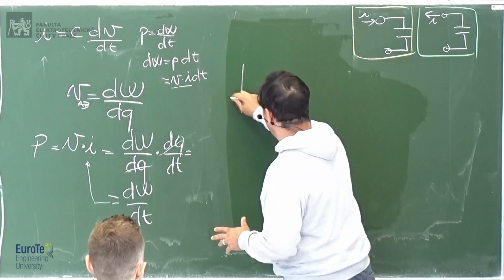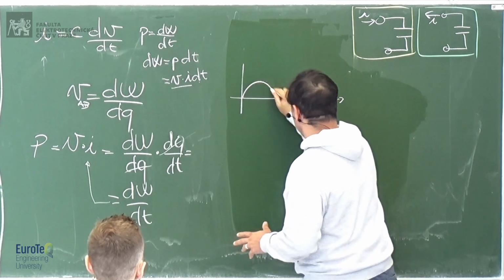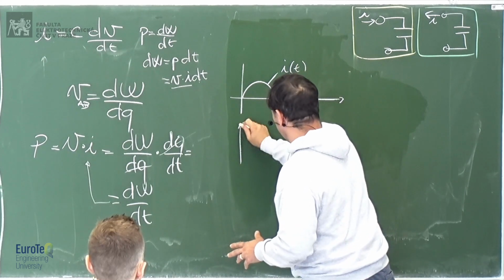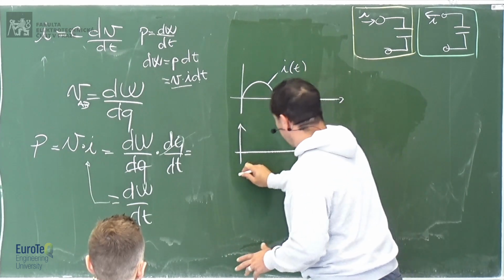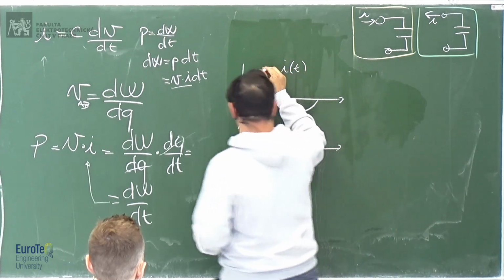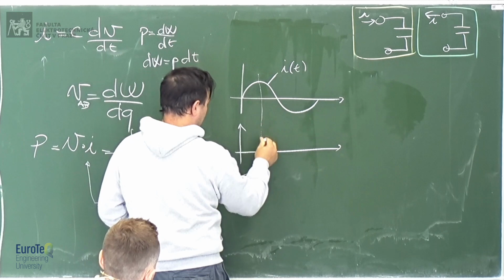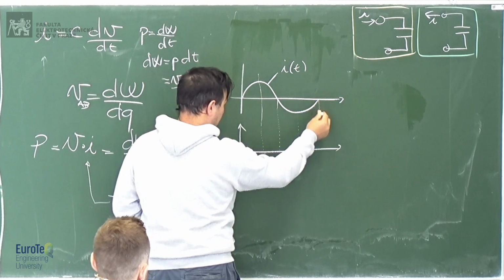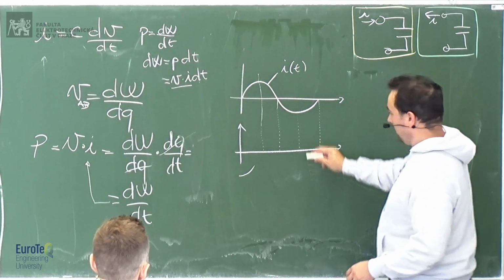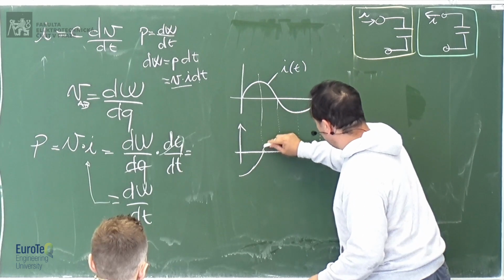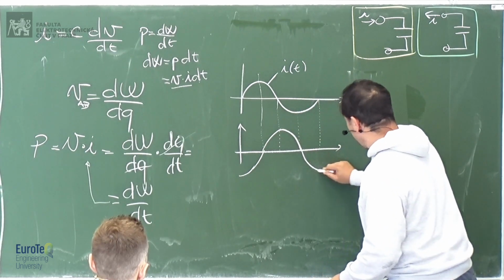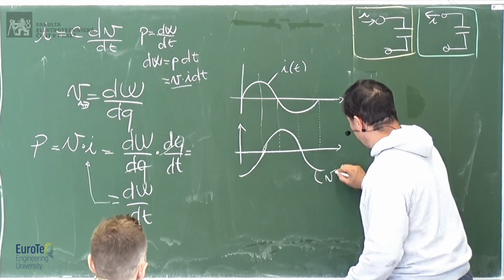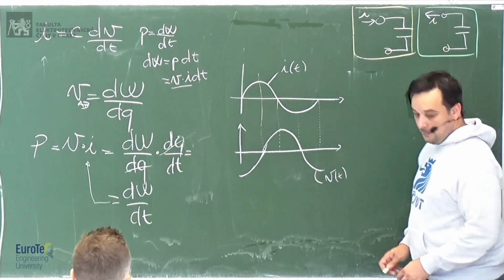And let's draw again the current. Here you have, my drawing skills are not so good, this is the voltage. So now we should multiply those. Exactly.